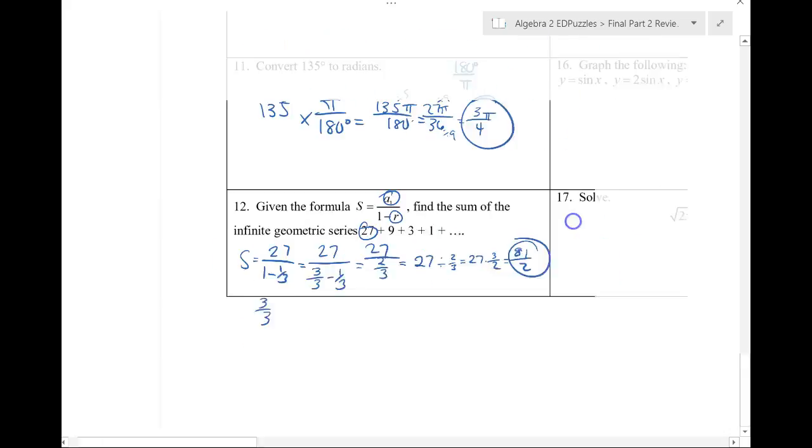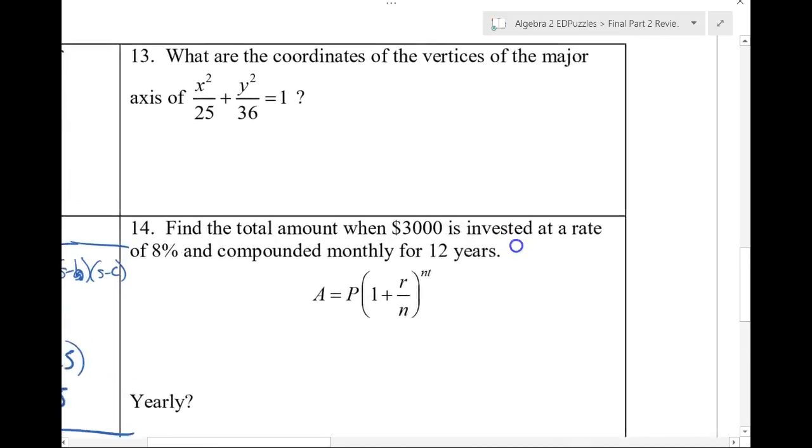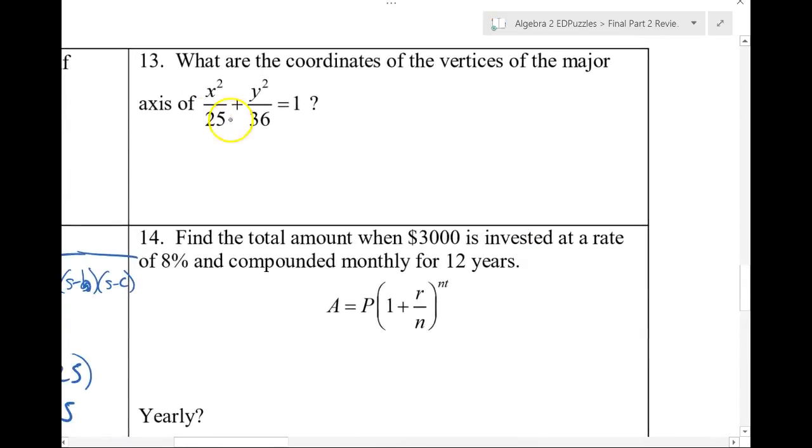Okay, so now, go up here. What are the coordinates of the vertices of the major axis of this? Well, first of all, what is it? Well, I can rule out one, it's not a parabola, because I have two square terms. I know it's not a hyperbola, because if it was a hyperbola, it'd have a minus in the middle, so not that one. So that means it's either a circle or an ellipse.